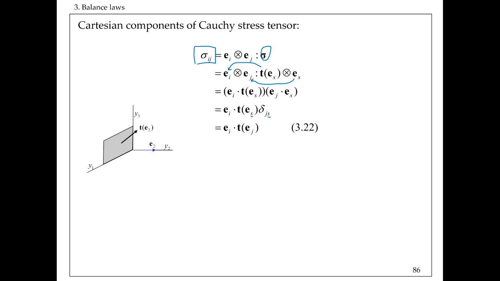This is some traction, the resultant traction on that surface, that element, and basically we have now a few components of that tensor, calculated on the surface that is defined by E2, in this plane. And the components of that will be written like that again.